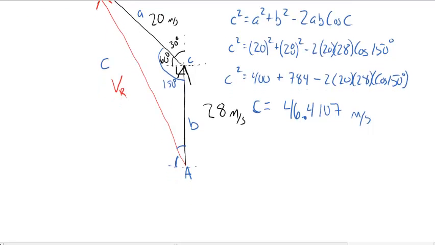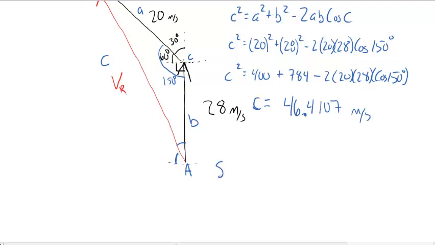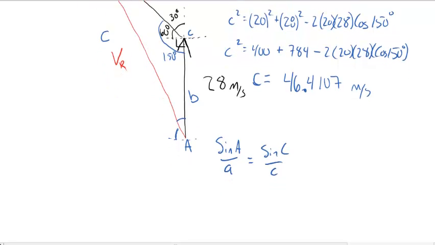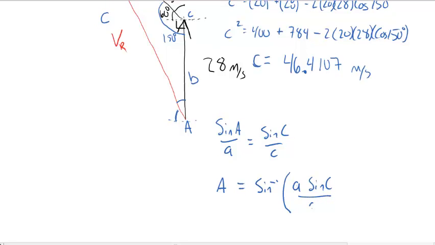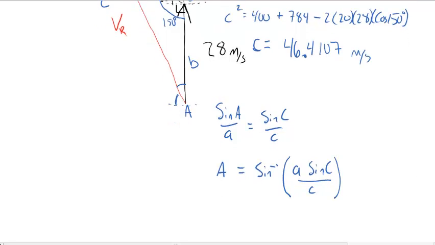So to find angle A, I will use the sine law and say sine A over side A is equal to sine C over side C. So angle A will be the inverse sine of A times sine C, because I did some cross multiplying there, over C. So what I did is I multiplied both sides by A, and then took inverse sine of both sides, making the sine disappear on the left, and the inverse sine show up on the right.